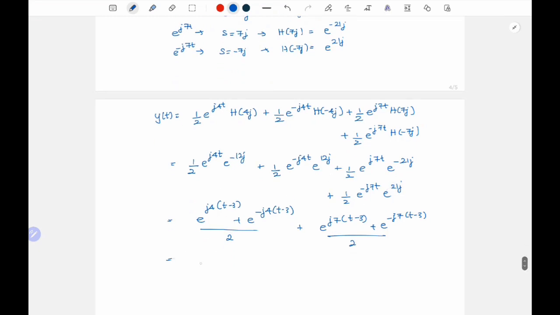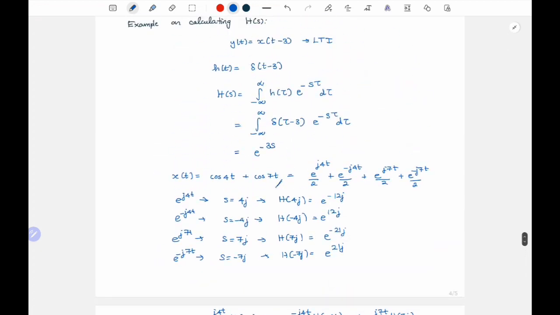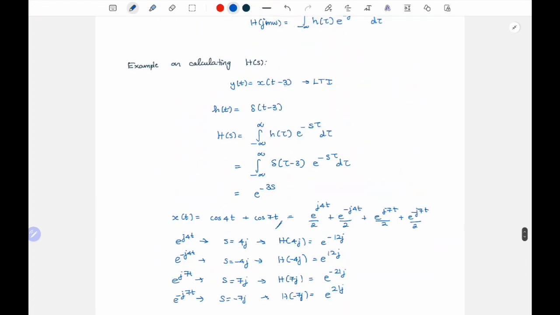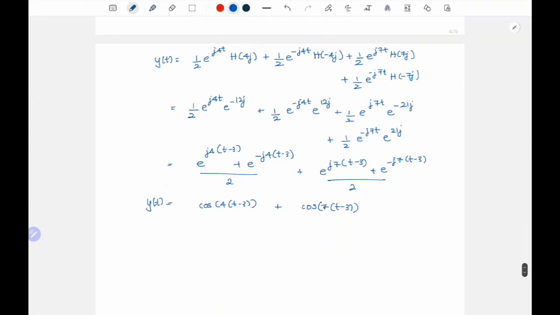This is nothing but cos 4(t minus 3) plus cos 7(t minus 3). So this is y(t). This is expected, right? When this is x(t), we just replace t with t minus 3 and get the same answer. So this is just like a verification.